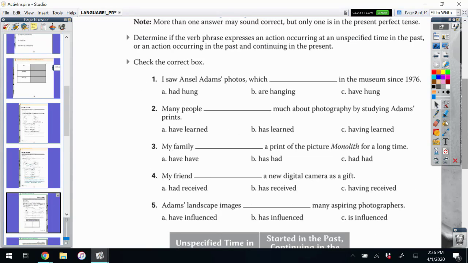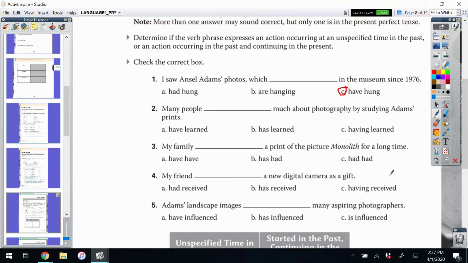Number 1, I saw Ansel Adams's photos, which blank in the museum since 1976. Which one works in that sentence? If you said have hung, you would be correct. Have hung.